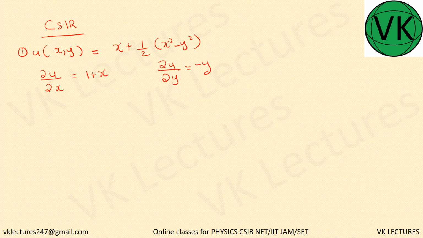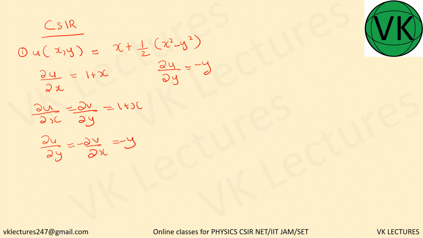So from here we can write, since dou u by dou x is equal to dou v by dou y, it is equal to 1 plus x, and dou u by dou y is equal to minus dou v by dou x is equal to minus y.